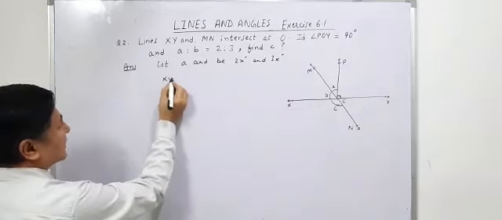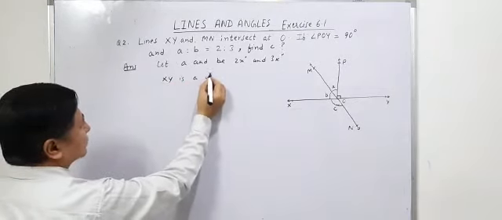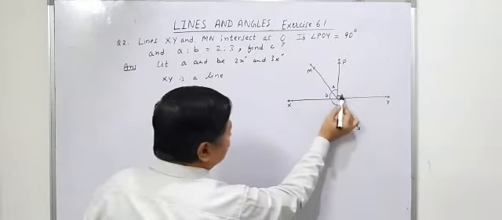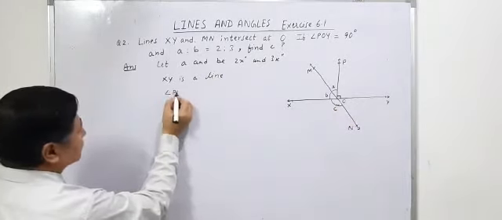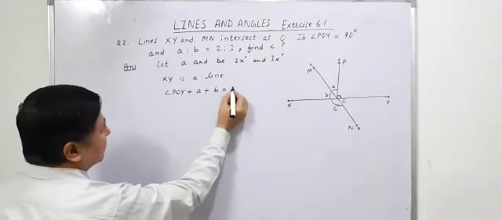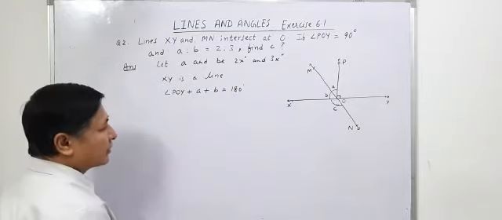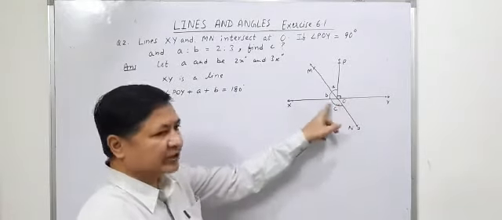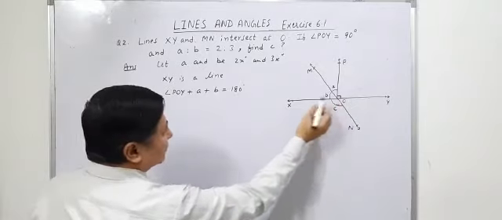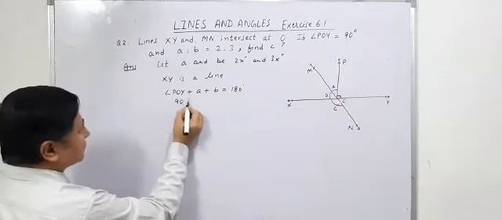Now XY is a line, so all the angles, this angle POY plus A plus B, will be equal to 180 degrees, because the sum of all the angles in a straight line is 180 degrees. Angle POY is given in the question, that is 90 degrees.